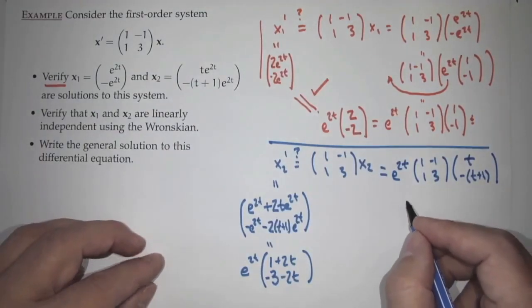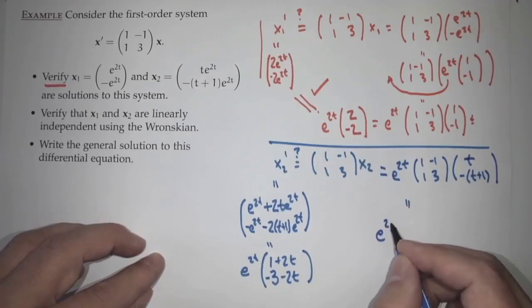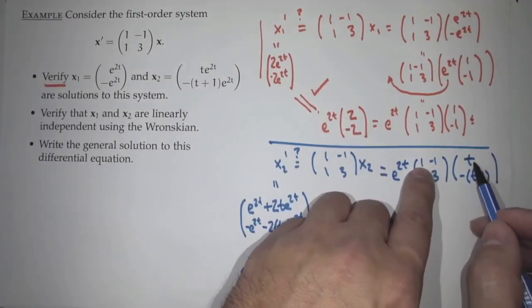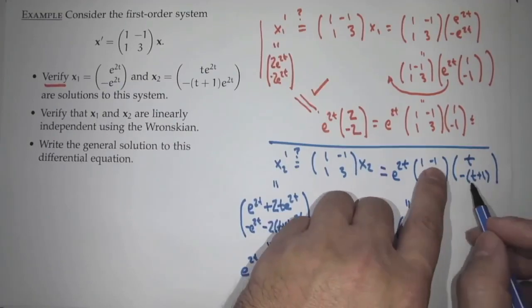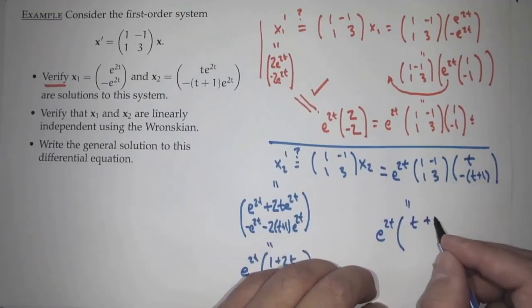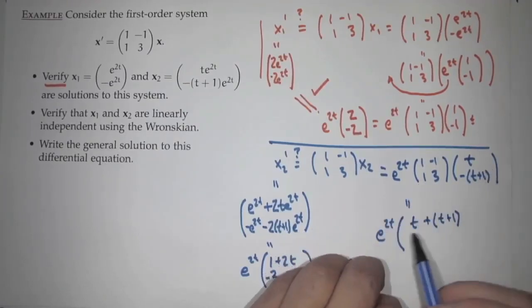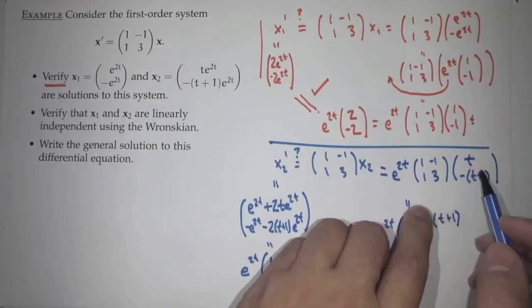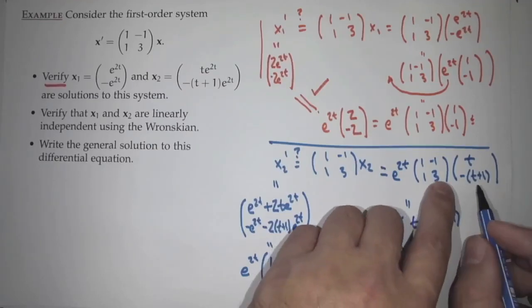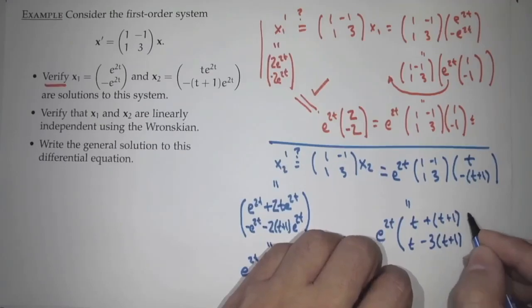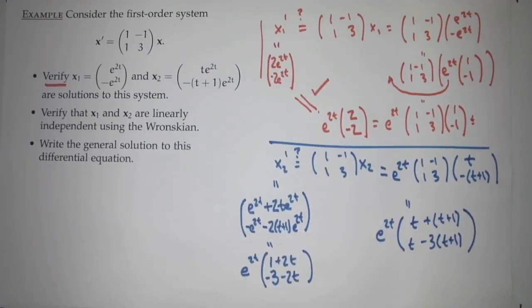Okay, so this would be e to the 2t. Then we're going to have t minus minus makes a plus, t plus 1. So that's the first entry. Then we'll have a t. And then we're going to have minus 3 times t plus 1. So that's carrying out the multiplication.